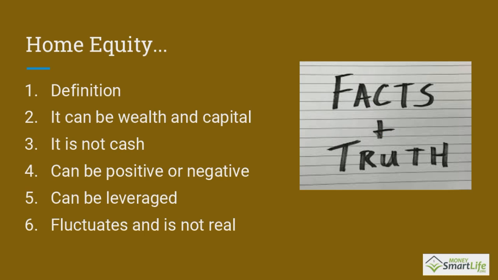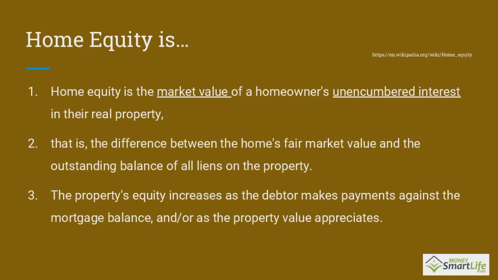Now, first of all, let's get a definition of home equity. Home equity is the market value of a homeowner's unencumbered interest in their real property. That is the difference between the home's fair market value and the outstanding balance of all the liens on the property.